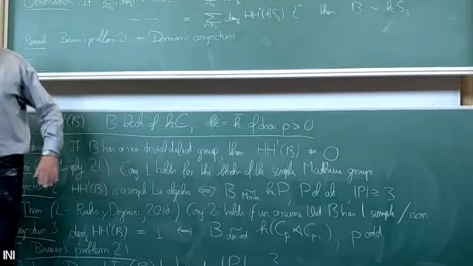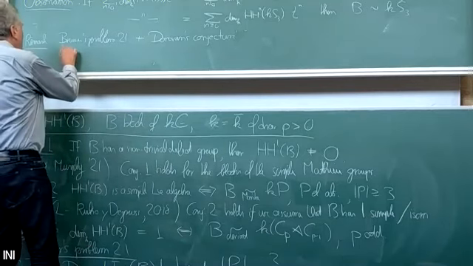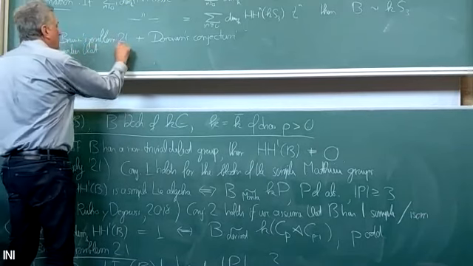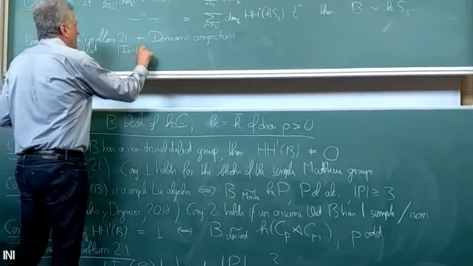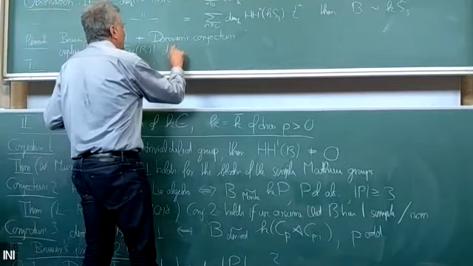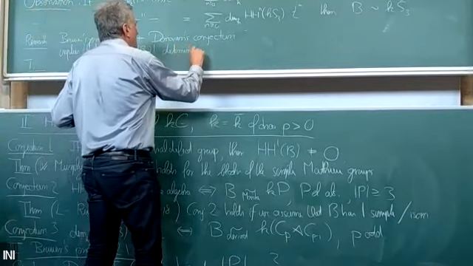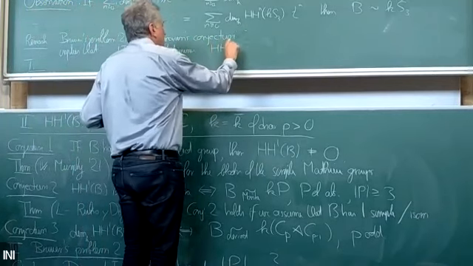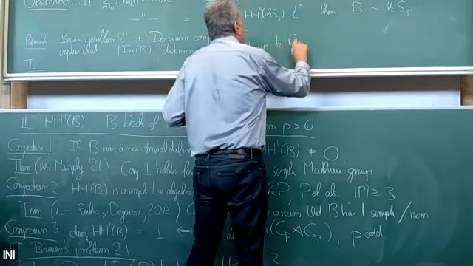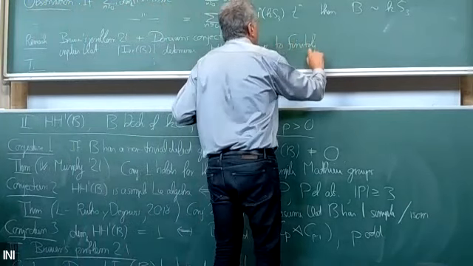Then this implies that the number of irreducible characters, or the dimension of the center of B, which is the same thing, determines, in particular, the entire Hochschild cohomology up to finitely many possibilities.